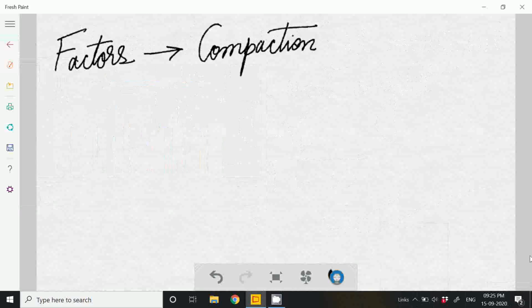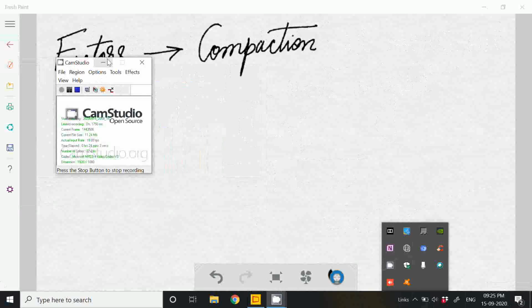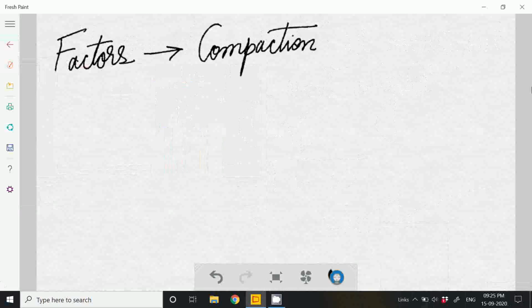So here this topic becomes a little interesting. If you are developing interest in this topic, then this part will develop more interest in you. So what are the factors that affect compaction?